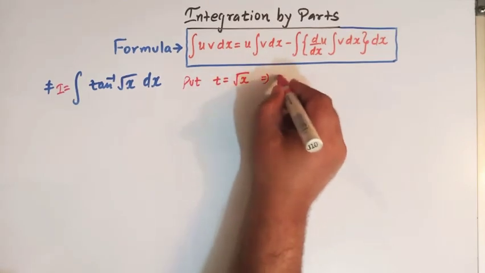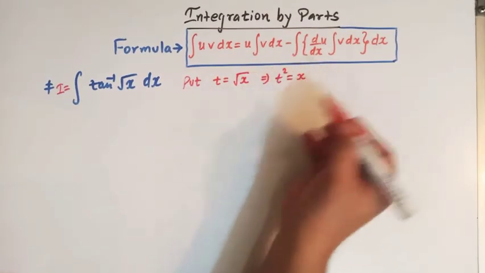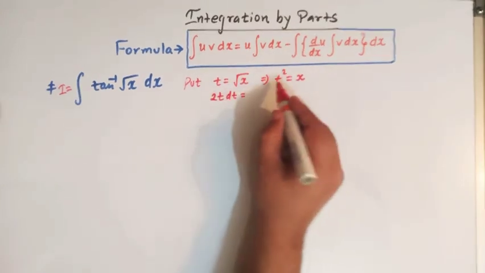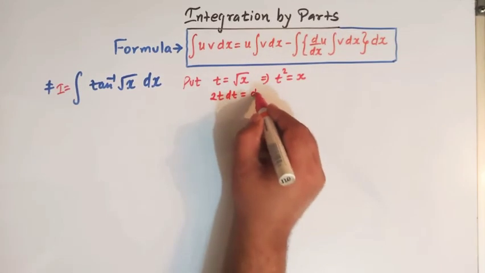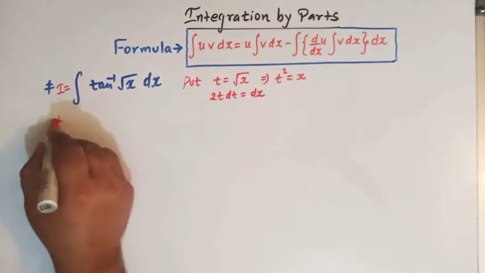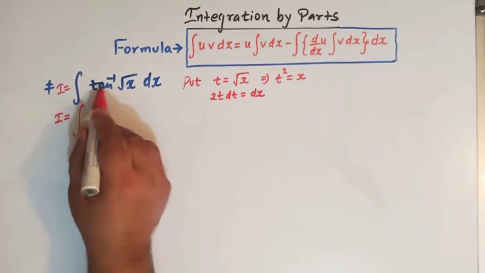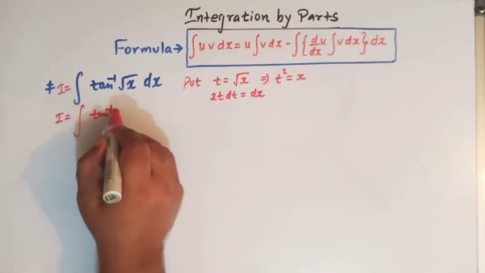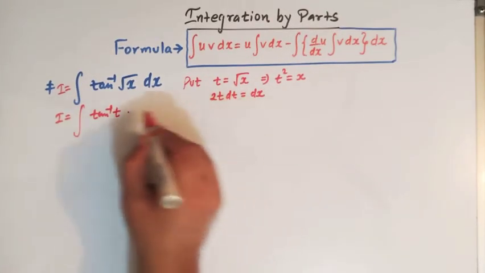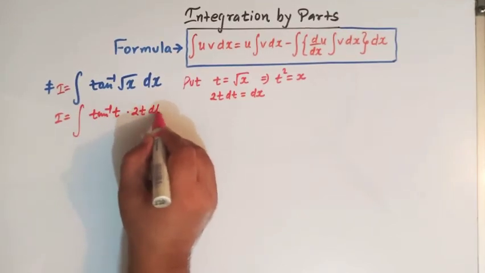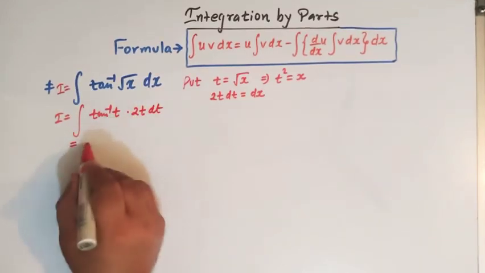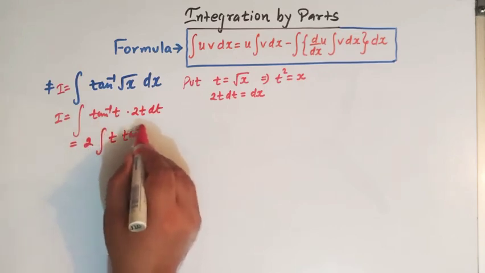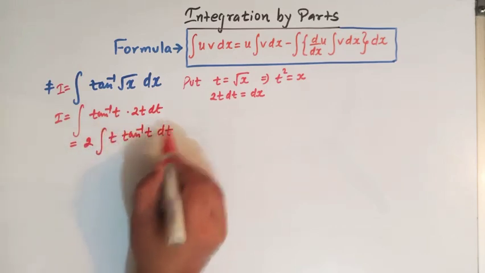It means t square is equal to x. So differentiating both sides, 2t dt is equal to dx. So this integral becomes tan inverse, and square root of x is t, and dx is 2t dt, so we have 2 times t tan inverse t dt.